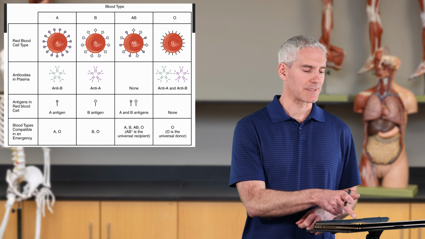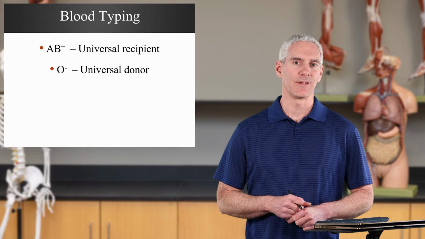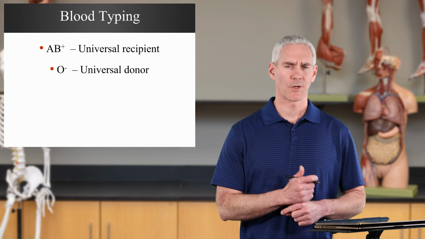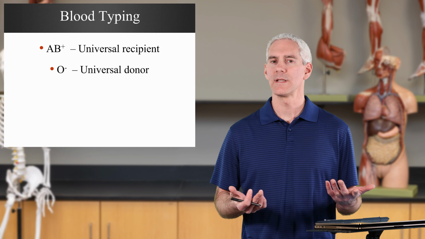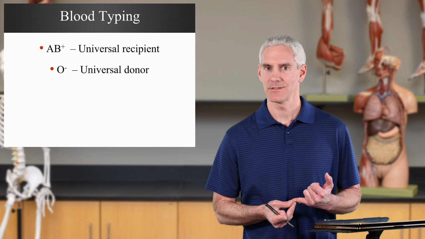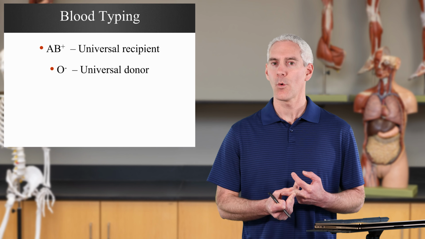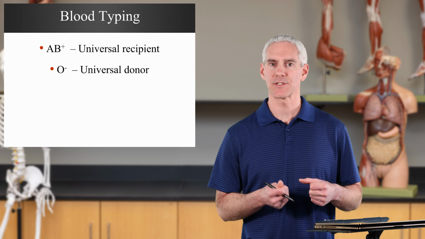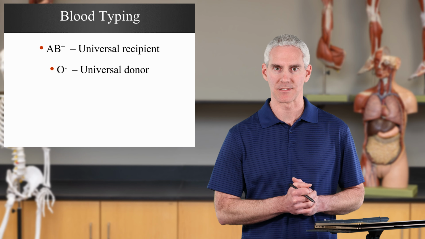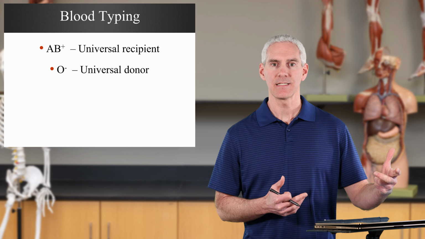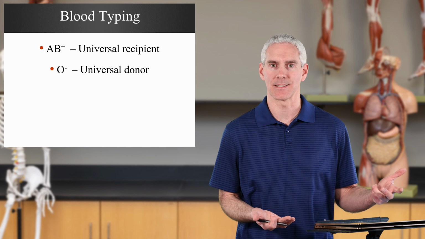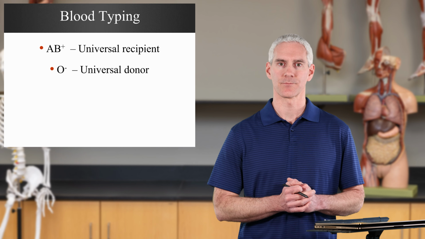So the idea here is O negative is the universal donor. Question is why? O negative doesn't have the A antigen, doesn't have the B antigen, doesn't have the D antigen, which means there's nothing on its cell surface to react with any of the other bloods. So those antibodies in the other bloods can't recognize it. No issues.